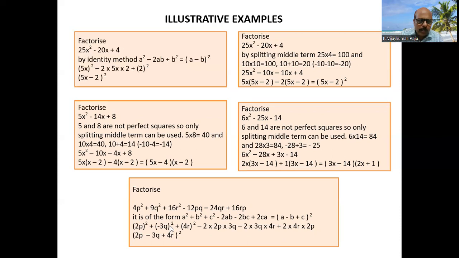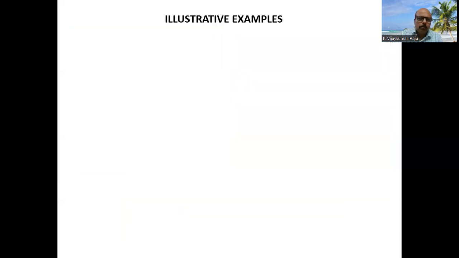So your a, b, c is this. So it is 2p minus 3q plus 4r whole square. Okay, so this is the expansion of the identity, and this identity is possible only if the squares of three terms are given. Okay, now some more examples, illustrative examples.